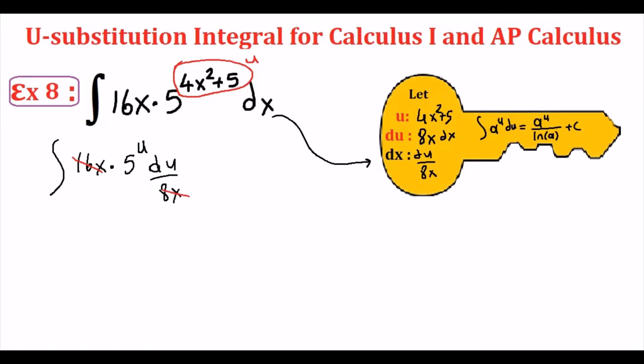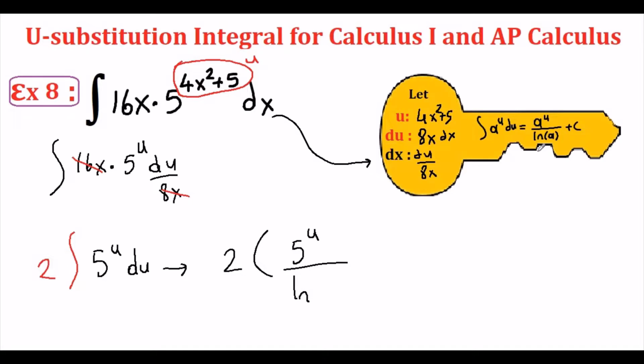16x divided by 8x is just 2, and you can pull it in front of the integral sign. Now we have the integral of 5 to the u du. We know that the integral of a to the u du is a to the u over ln of a plus c. In our case, our a is 5. So we have 2 times 5 to the u, we're going to bring u back soon, over ln of 5 plus c.